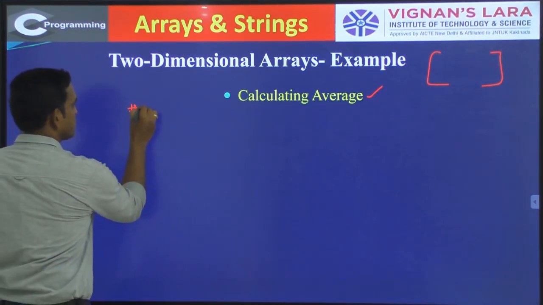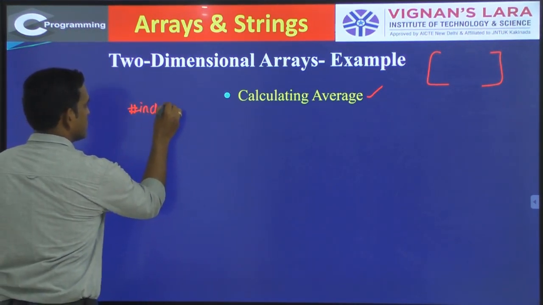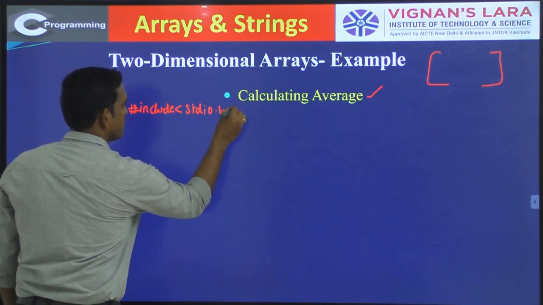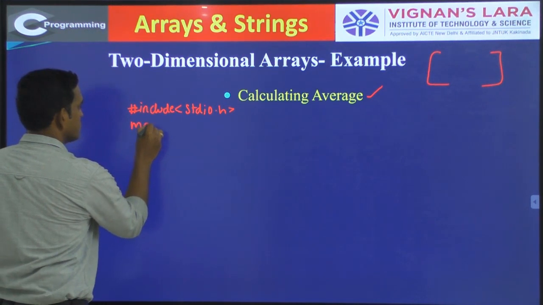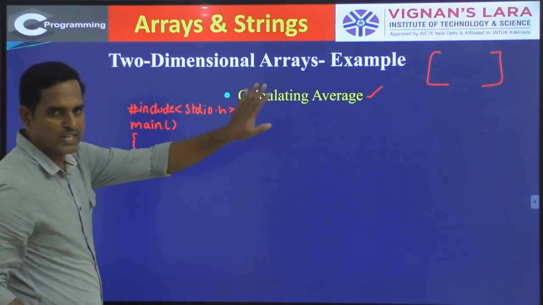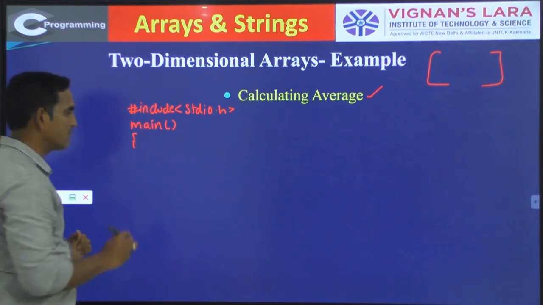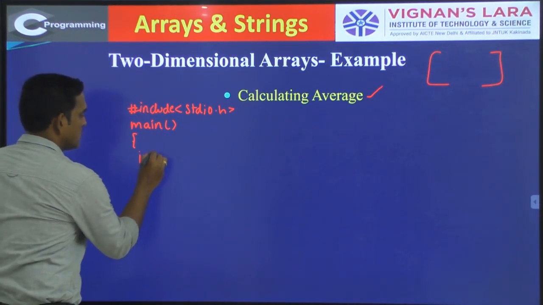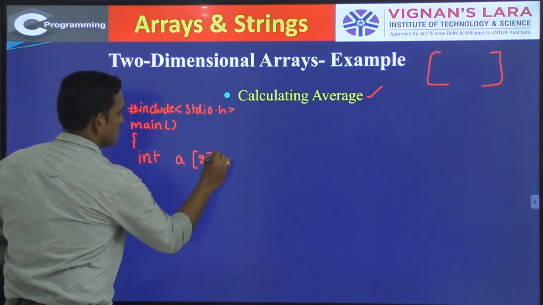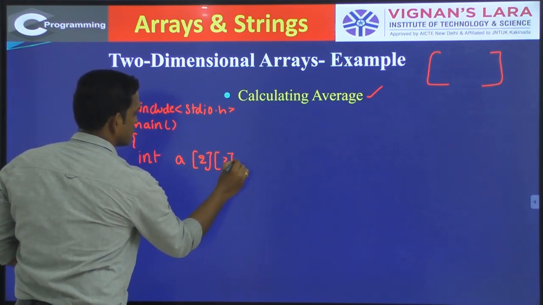For that, you start by including your standard input-output header file. Next, main. Inside main, first I have to declare one two-dimensional array. I will declare a two-dimensional array with 2 rows and 3 columns.